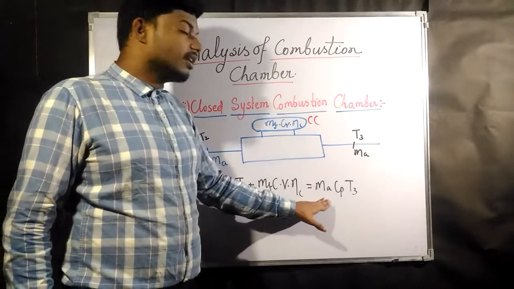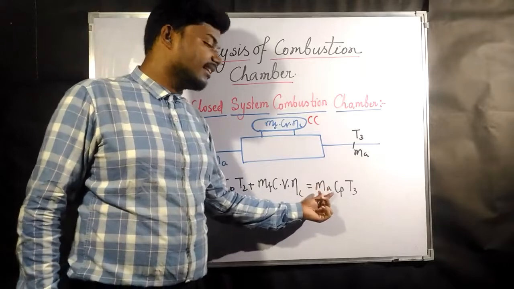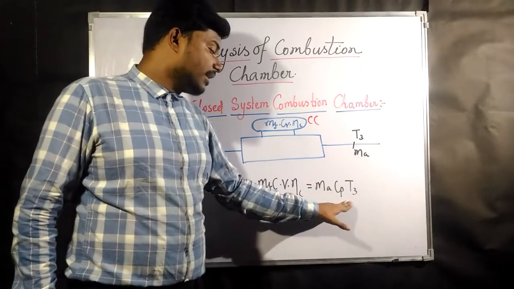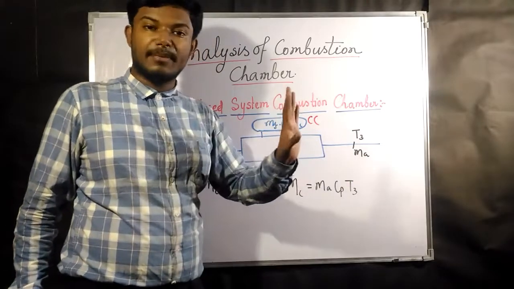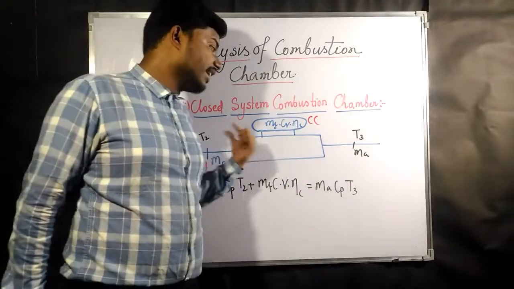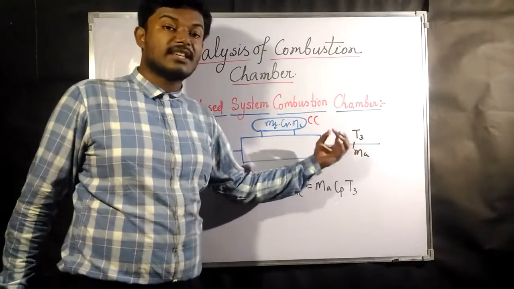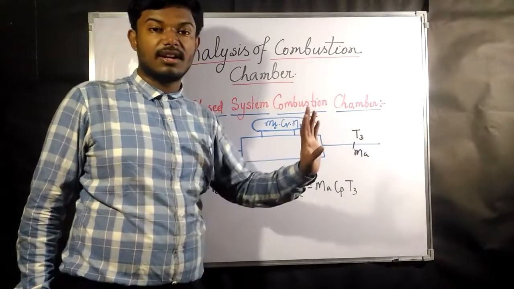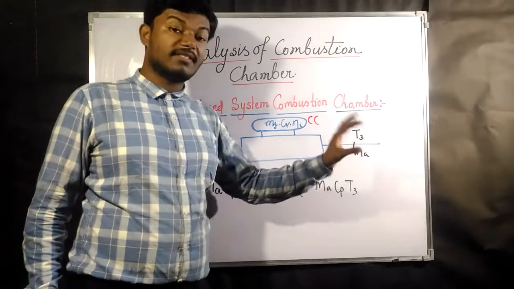And the energy at the exit is nothing but the mass of air coming out multiplied by Cp. The Cp value is going to be the same for inlet and exit, because the substance coming in and going out is the same. Previously it used to come in as air and go out as air-fuel mixture.